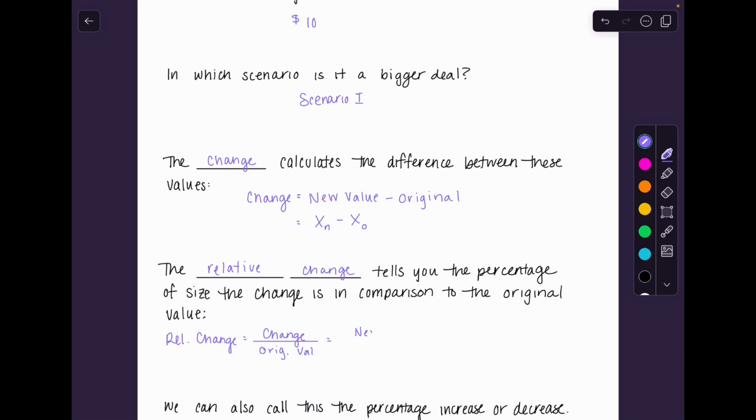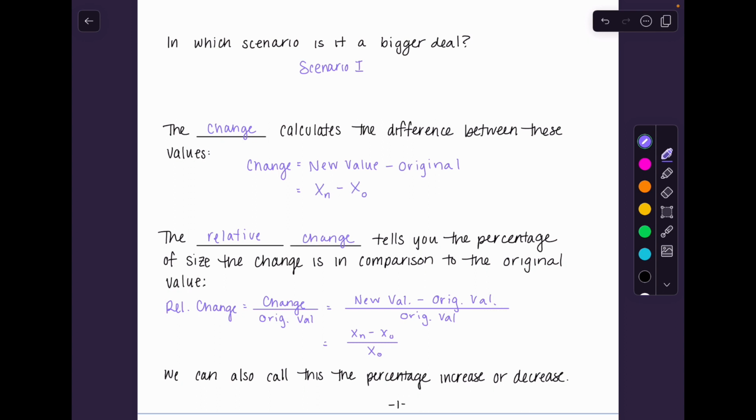So this is the new value minus the original value, and then it's going to be divided by the original value. So in terms of our variables, the new value is x sub n, the original is x sub 0, or x_o, and we divide that again by the original value.